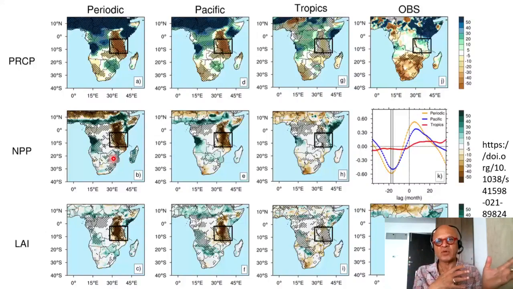We looked at it for broadleaf, needleleaf, and so on. So net primary production change, periodic change, El Nino, La Nina, just the Pacific and the tropical forcing. And these are the lead lag relations in the vegetation or NPP response with respect to the physical forcing.